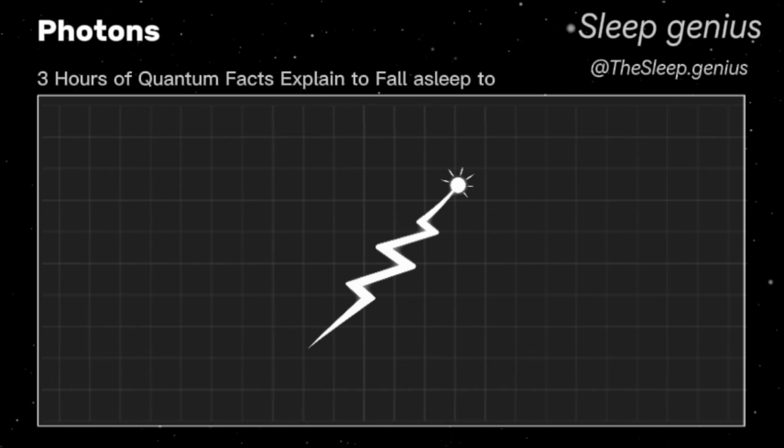Misconceptions about photons abound. They are often imagined as tiny balls of light, traveling along defined paths, but such a notion is misleading. Photons have no rest mass and do not behave like classical projectiles. Their energy depends on frequency rather than size or speed. They do not slow down in empty space and do not possess a color inherent to themselves.